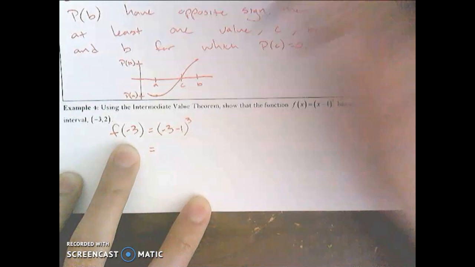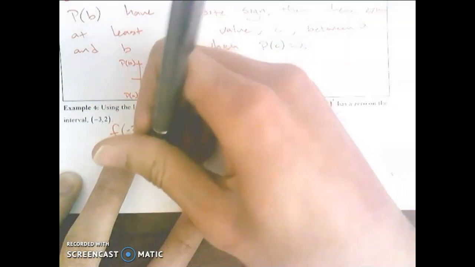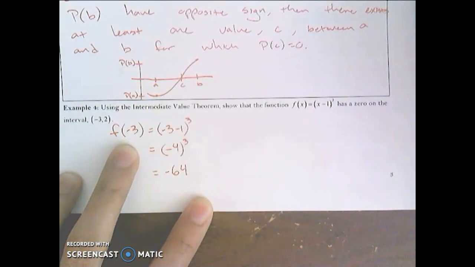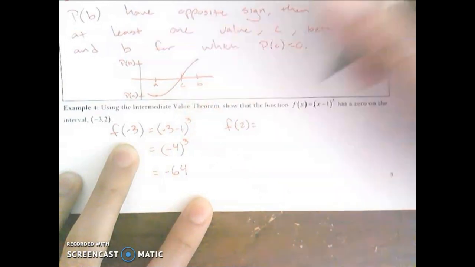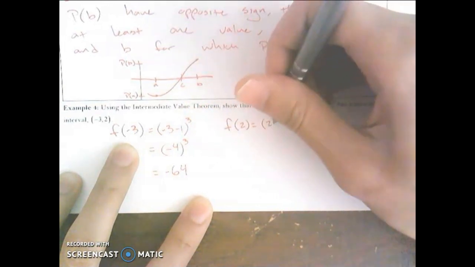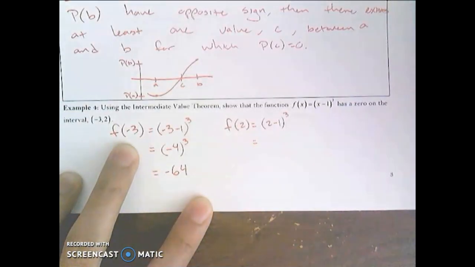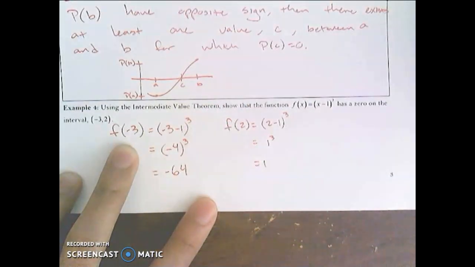Negative 3 minus 1 is negative 4. We cube it, and we get negative 64. So f of negative 3 is negative 64. f of 2 is the quantity 2 minus 1 cubed. Well, 2 minus 1 is 1. Cubed is still 1, which is positive.